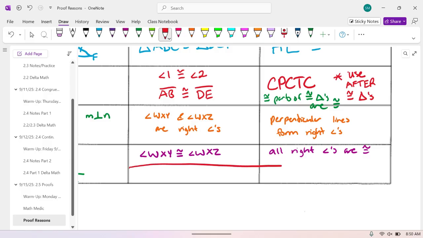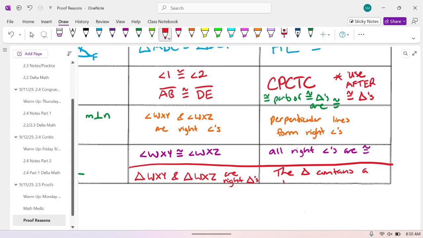The last thing that we can make is that triangle WXY and triangle WXZ are right triangles. And the reason is the triangle contains a right angle.